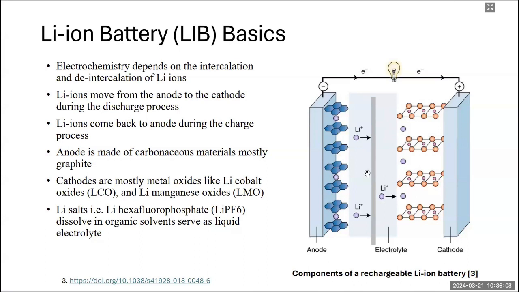So how does it happen? What is the nanotechnology here? This membrane, which is called the separator, has very nano-sized pores. As I said, lithium is actually a nano-sized ion. So this membrane is designed and engineered in a way that it only allows the lithium to pass.